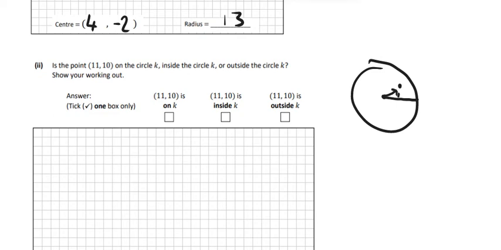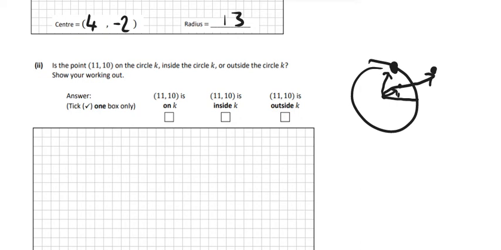If the point is on the circle, then the distance from the center to the point has to be exactly the radius. If the point is outside the circle, then the distance from the center to the point has to be more than the radius, because it goes out past the radius of the circle.